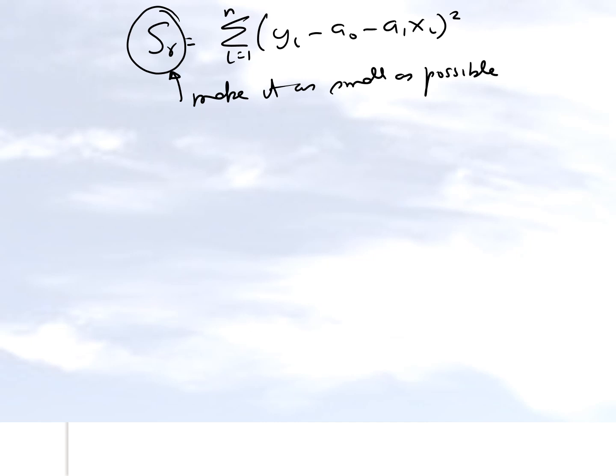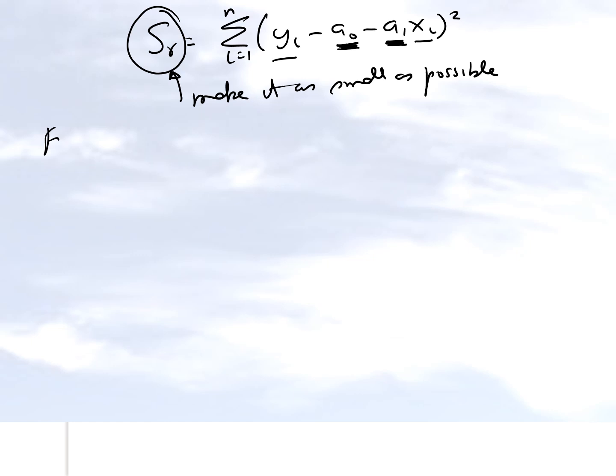And we want to make this sum of the square of the residuals, or SR, as small as possible, which means that we're trying to minimize it, find the absolute minimum of that. And we can find it with respect to a0 and a1, because y sub i's are fixed, x sub i's are fixed, so the only thing which is under control is a0 and a1. So how do we go about doing this?